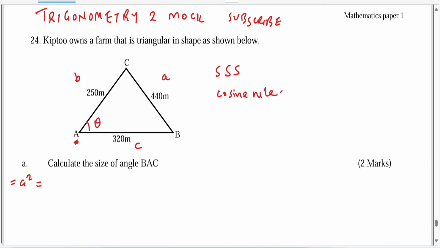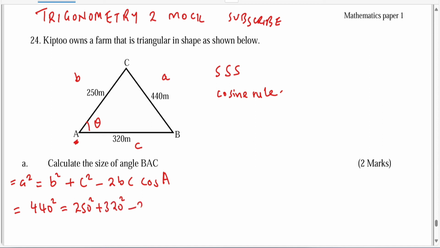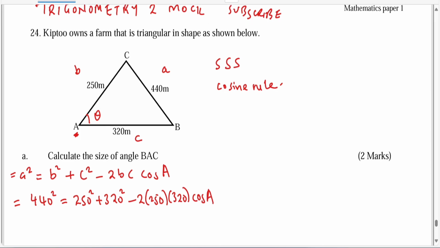A squared is equal to B squared plus C squared minus 2BC cos A. So ukiangalia A squared yetu hapa ni rahisi kujua, ni 440 squared nishaweka, equal to B squared ambao ni 250 squared plus C squared ambao ni 320 squared minus 2BC which is minus 2 times 250 times C yetu which is 320 times cos A. Hatujui hiyo cos A. Hatujui hiyo angle yani.